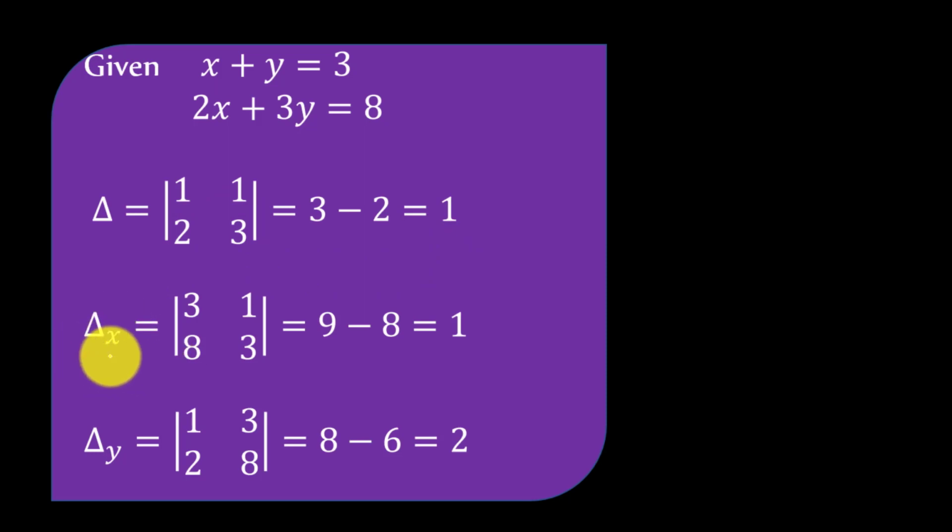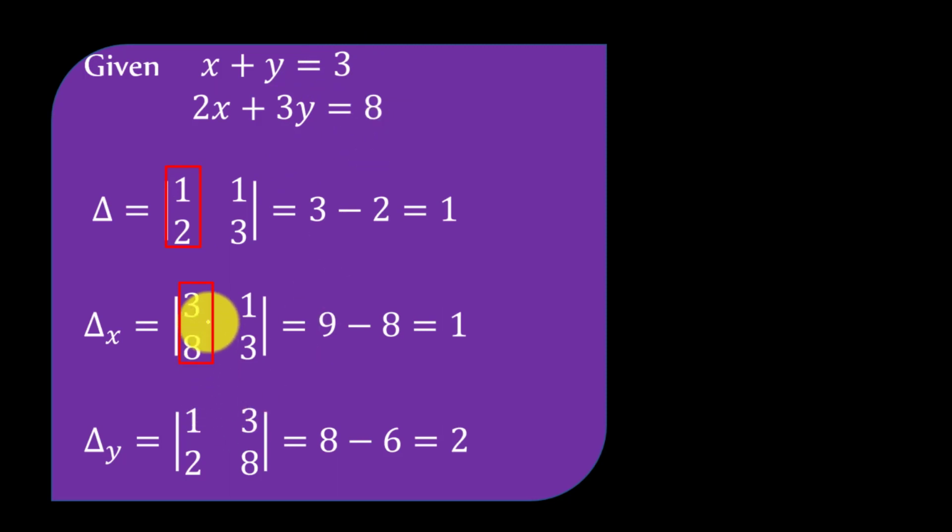Now the very important thing is that we need to find delta x. How to find delta x? To find the delta x value, you take delta as the parent determinant. Replace the x coefficients in delta by the right hand side values, that is 3 and 8.